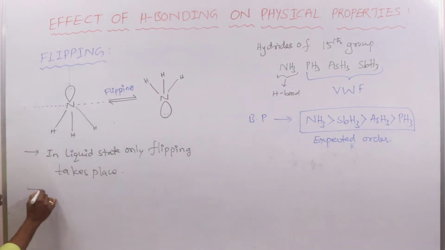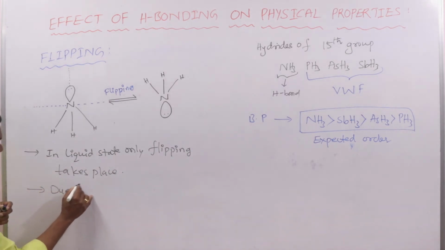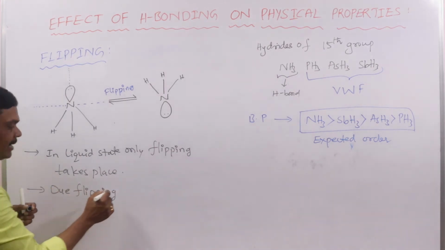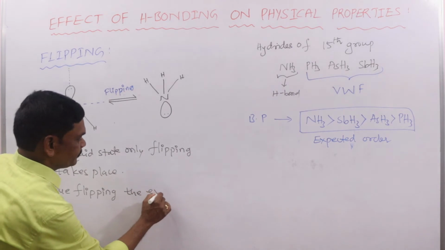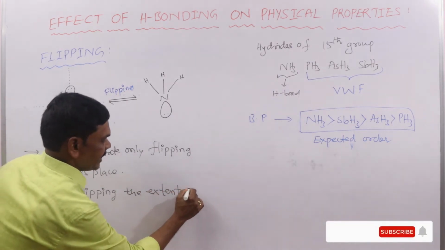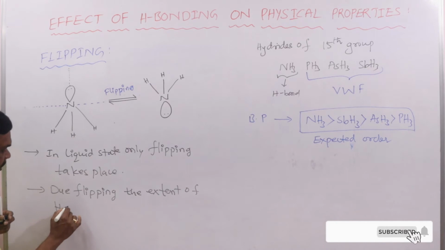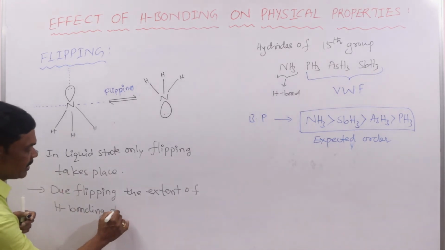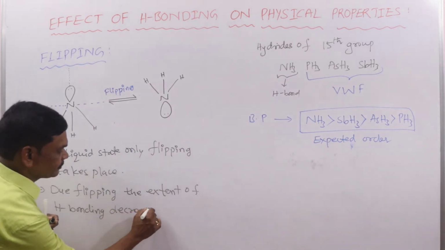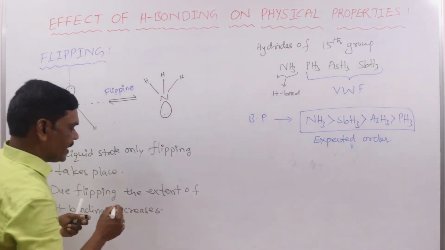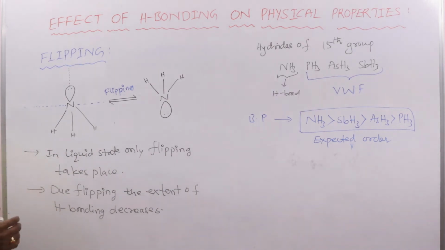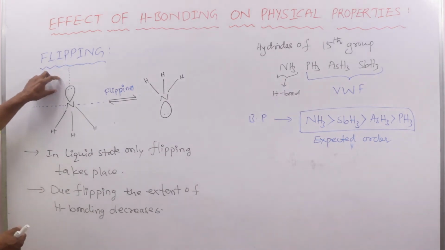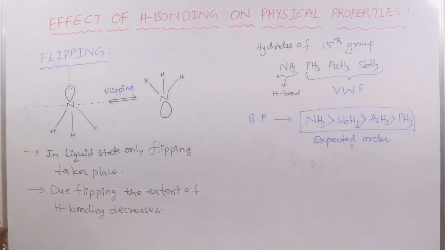Okay, due to flipping, the extent of hydrogen bonding decreases. The extent of hydrogen bonding decreases. So here this is ammonia, where the extent of hydrogen bonding decreases.